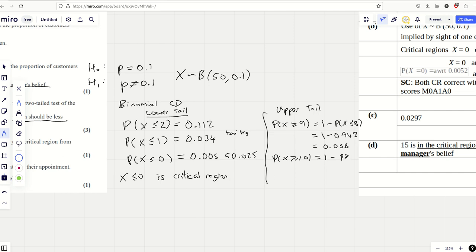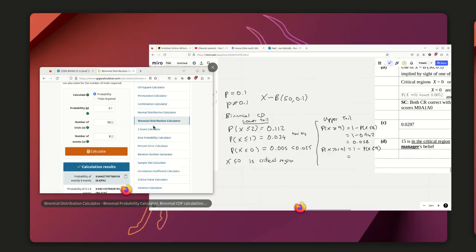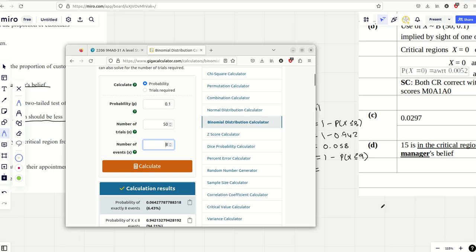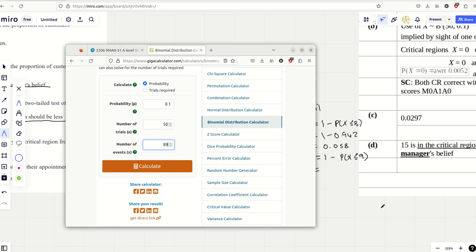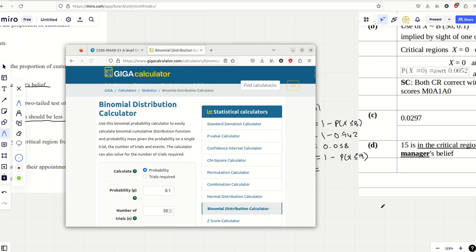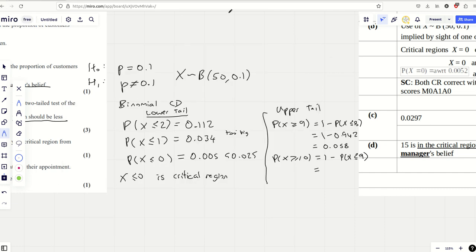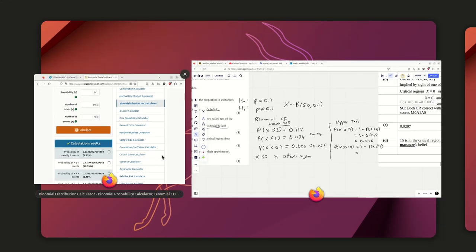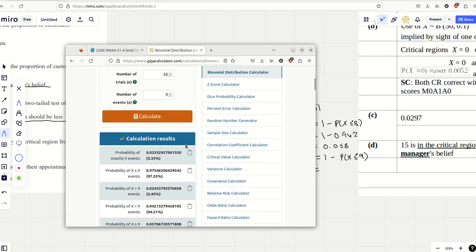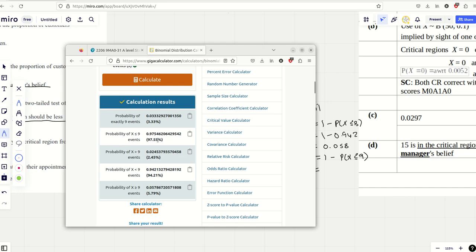And that's 1 minus the probability that x is less than or equal to 9. And what does that come to? Let's find out. Change this to a 9. And this is what you'd have to do on your calculator. Okay, I get 0.975. Let's be a little bit more precise there, because let's see if it genuinely is under: 0.97546.